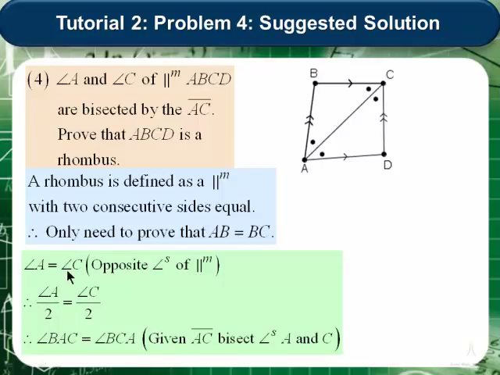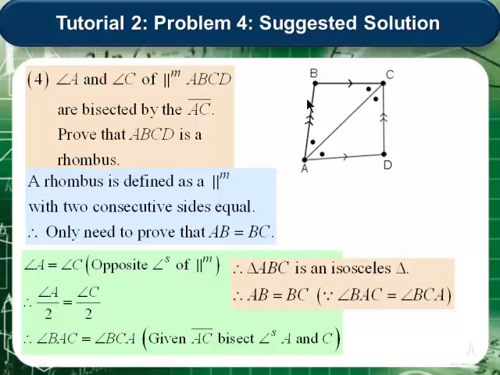So half of angle A must be equal to half of angle C, but half of angle A can be written as angle BAC, and half of angle C can be written as BCA, because we were given that AC bisects angles A and C. So therefore that means that triangle ABC is an isosceles triangle, and therefore AB must be equal to BC, because the base angles have been proved to be equal.